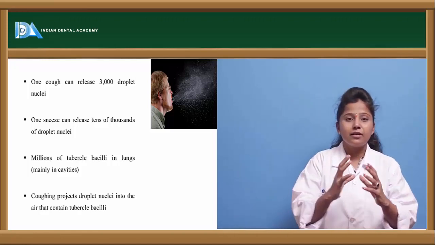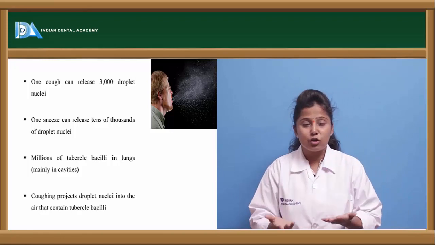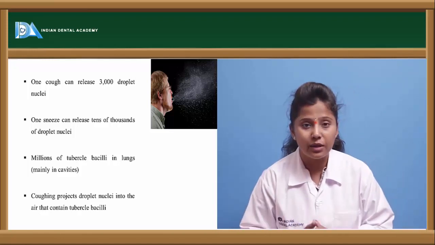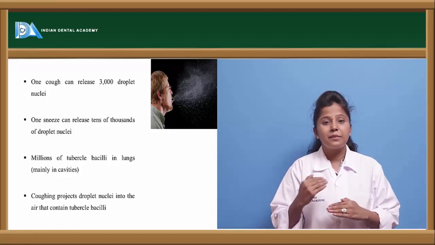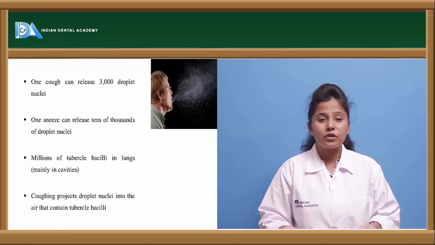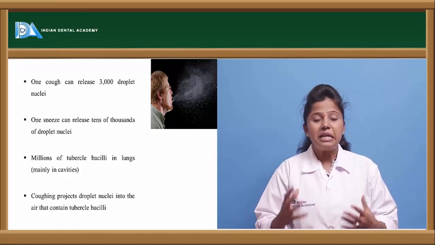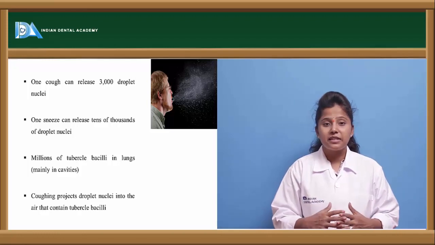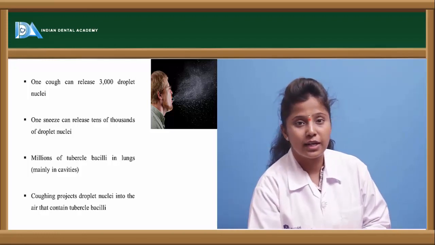And even in those sneezing droplets, we can say millions of bacteria are available, because these nuclei may replicate inside the body. If a person sneezes almost 3,000 droplets, then millions of bacteria are present in these 3,000 droplets, and thereby the person is more susceptible to tuberculosis.